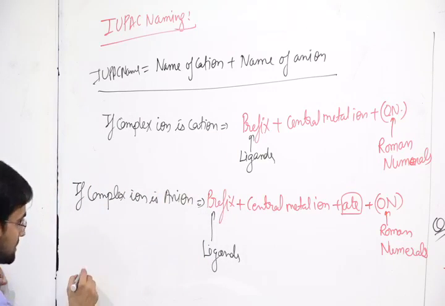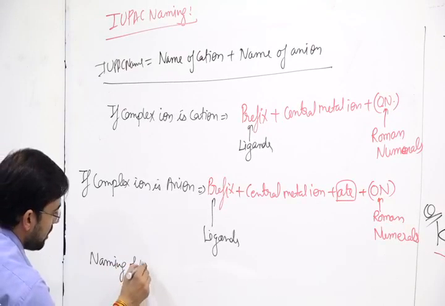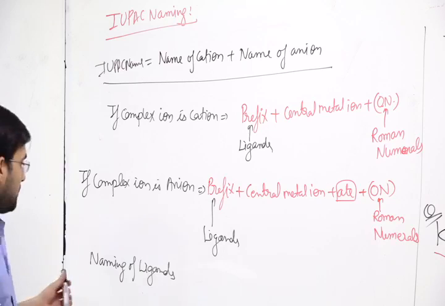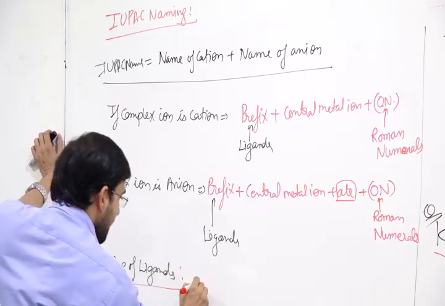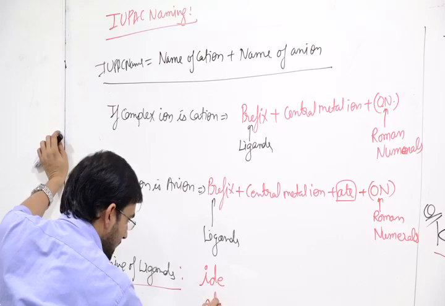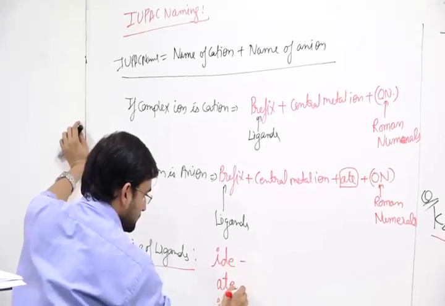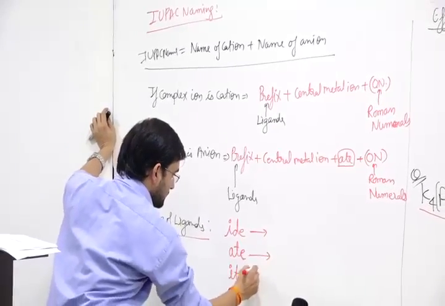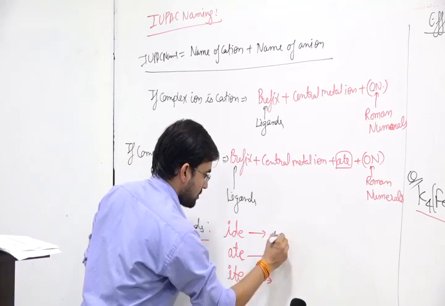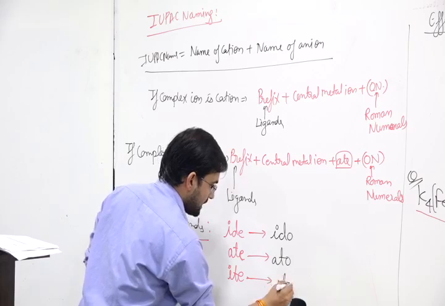Understand? And naming of ligands. Naming of ligands means IDE, ATE, ITE are converted into IDO, ATO, ITO.